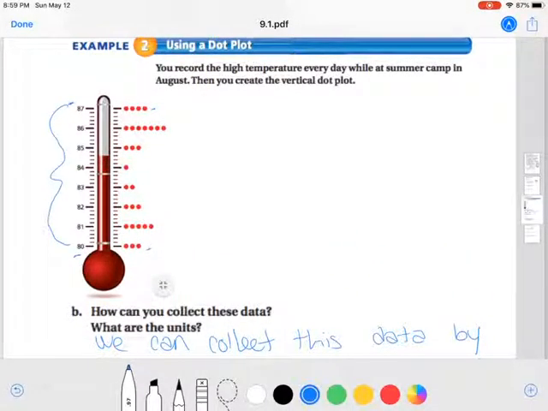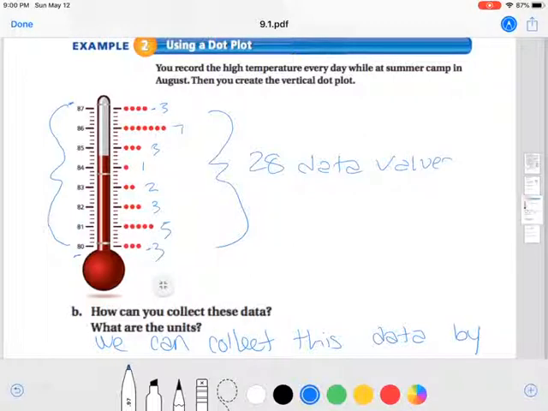We have 3 right here. 1, 2, 3, 4, 5, 6, 7. 1, 2, 3. 1, 2, 3. 1, 2, 3, 4, 5, and then 3. So all together here, we have 28 data values represented, which means that we collected data for 28 days while we were at camp.